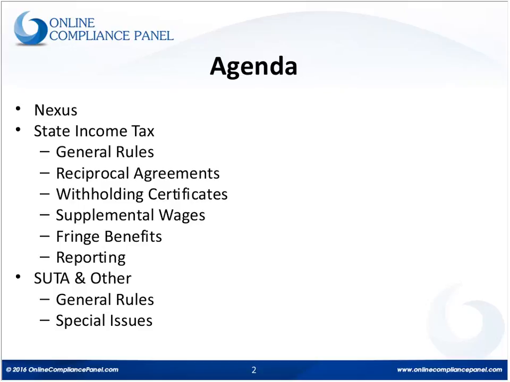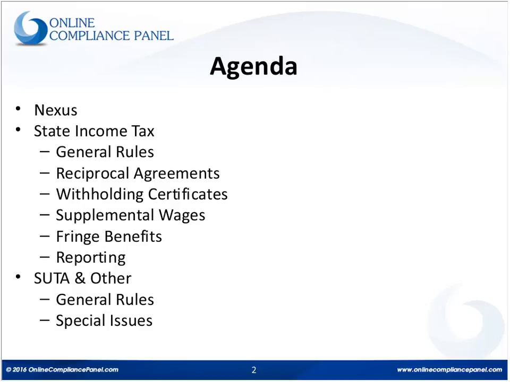First of all, we're going to talk about Nexus, what it is and why it's important. We'll take a look at state income tax, which is probably the primary thing that we're concerned with in this session. In state income tax, the general rules regarding whether to withhold or whether somebody's subject to income tax and so on.